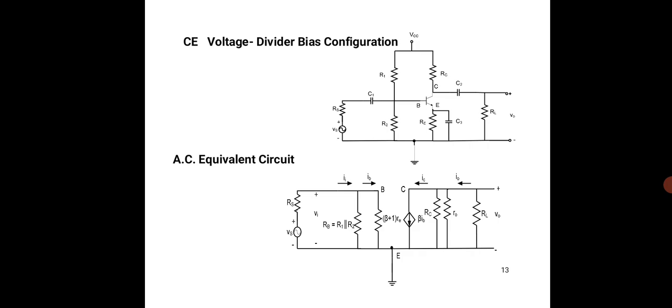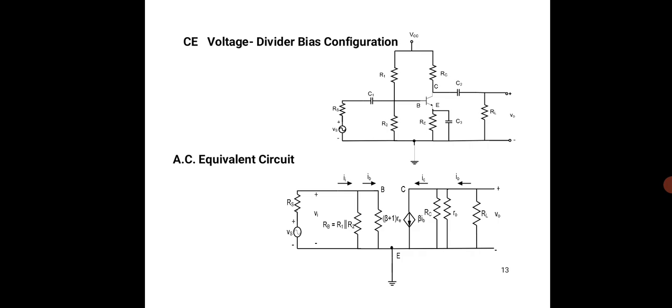Here you have the source resistance, and the currents flowing, and RB, the base resistor, which is R1 in parallel with R2, given as RB.